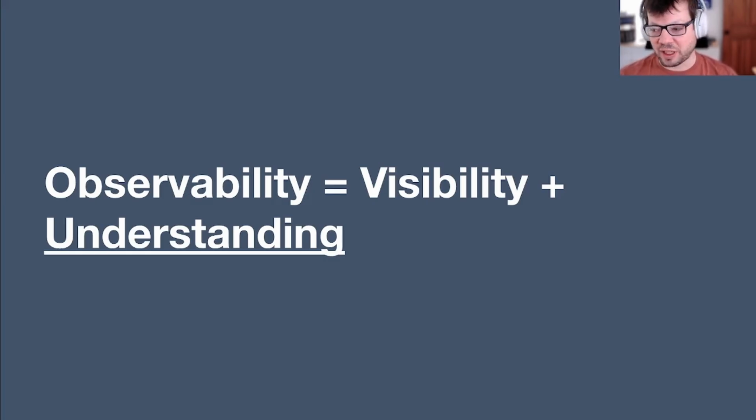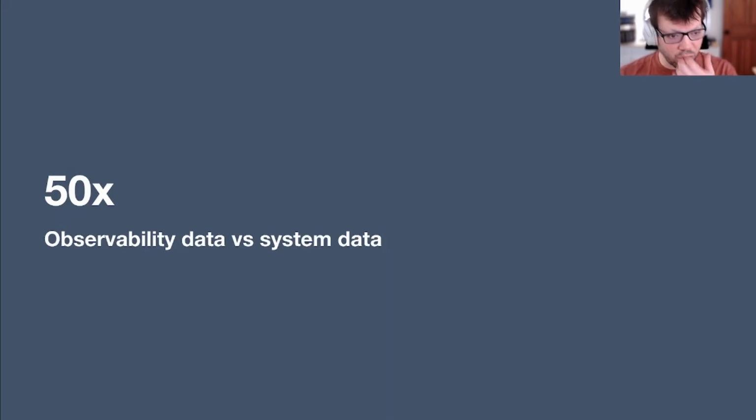Now, that sounds simple, but it actually comes at a huge cost. So I mentioned data, right? We need enough data that we can see what's happening and that we can understand the context. It actually turns out that's a lot of data. This is just a rough rule of thumb that I use. Of course, it's going to vary depending on the shape of the problem that you're solving and the shape of your system.